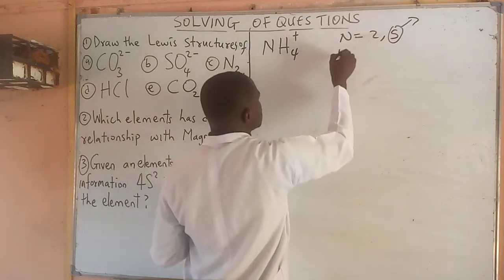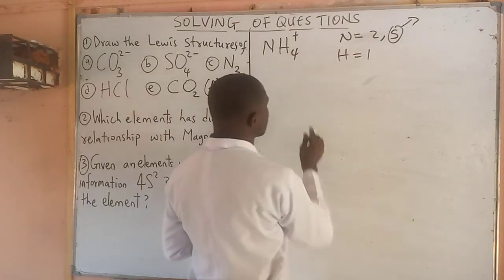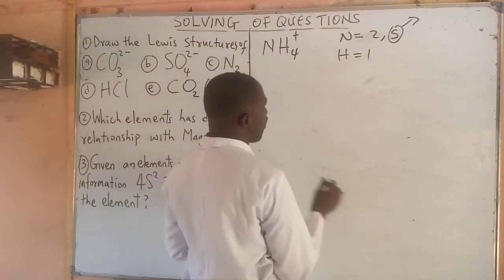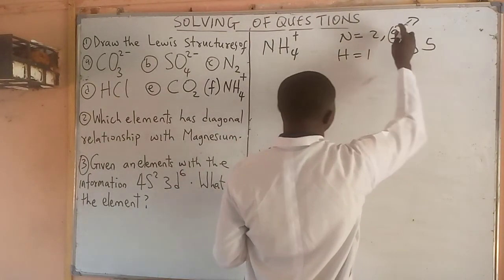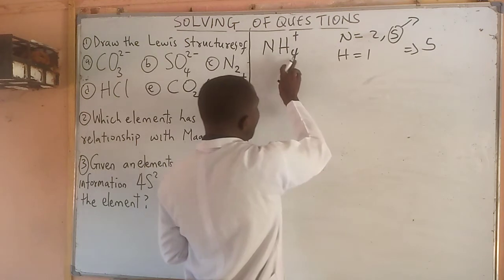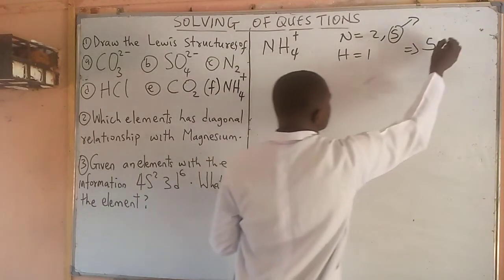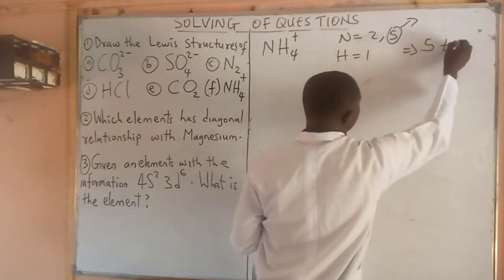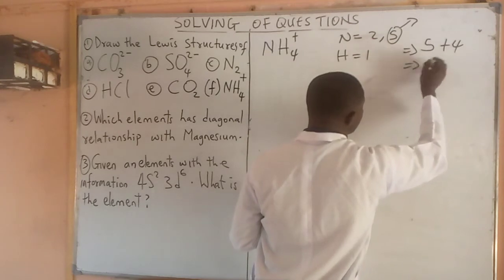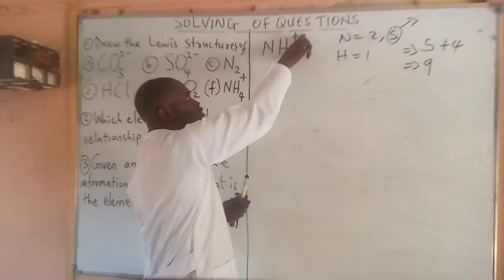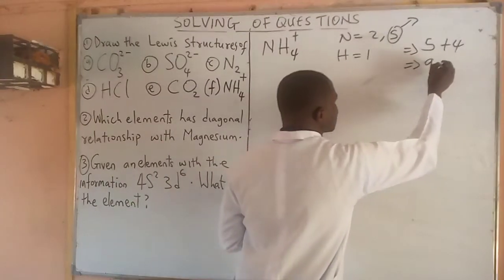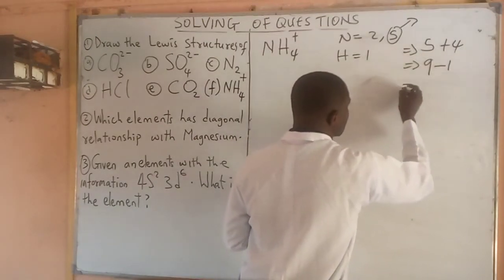Hydrogen has 1 electron, 1 times 4 is 4. So we have 5 for nitrogen and 4 for hydrogen, 4 times 1 is 4. That will give you 9 outermost electrons. Now, with the positive charge, it simply means it will lose 1 electron, making it 8 electrons.